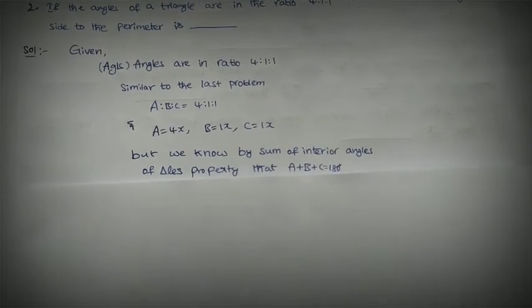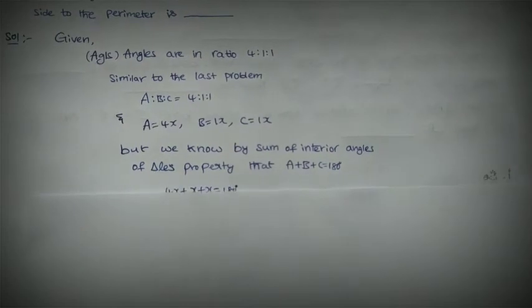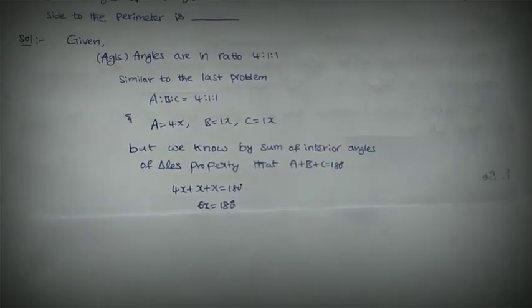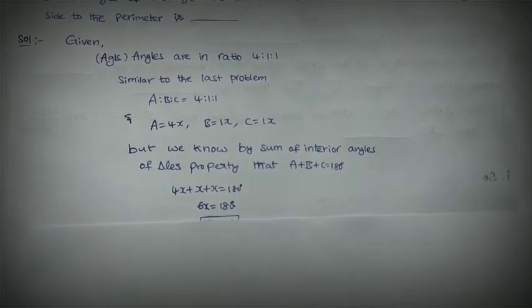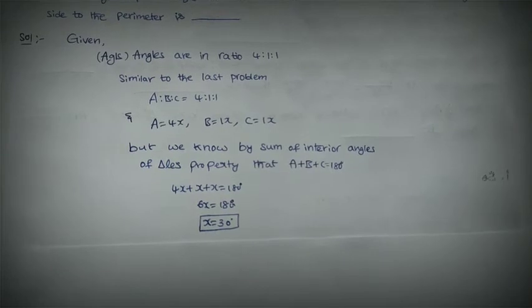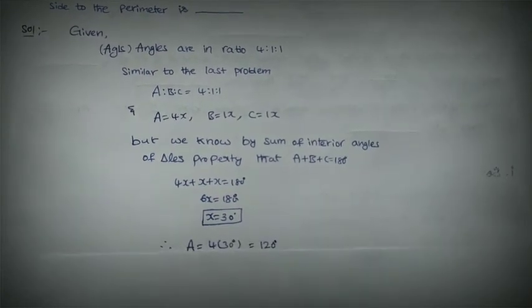So 4x plus x plus x is 6x, equals 180 degrees on the right hand side. So when you divide both sides by 6, we get x equals 30 degrees.